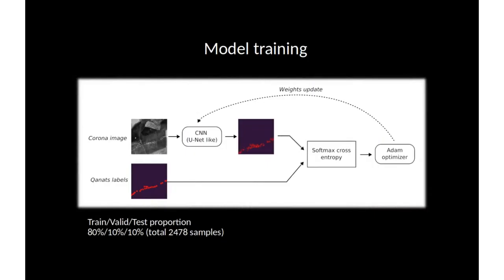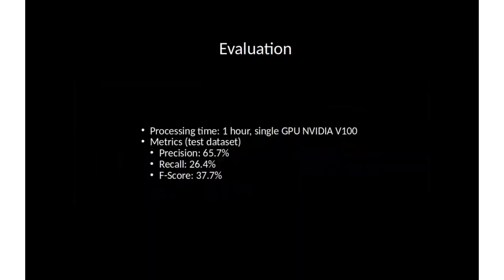So we used UNet, like you guys. It's fast, it can be trained quickly. We minimized the softmax cross entropy, which is the spread between what we have and what we want the model to output. And we had 1 GPU. It took 1 hour on this GPU.